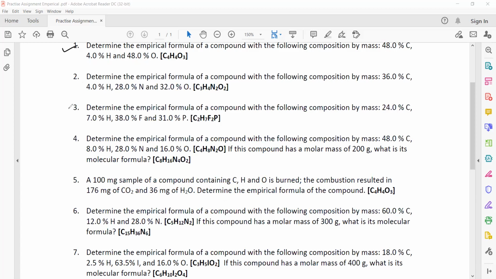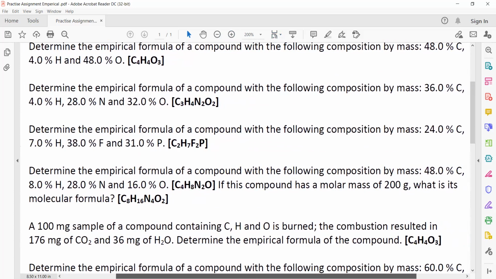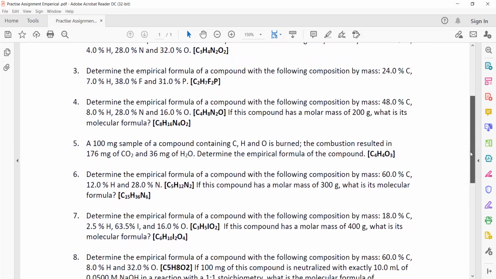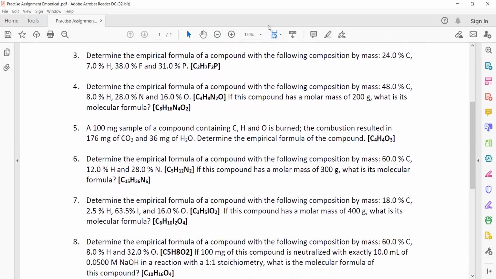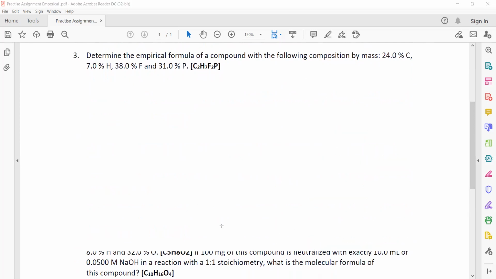So question 1 we did. Then I will discuss some questions randomly, not all of them, because it is the same pattern and you have to solve them the same way. So next I will discuss question 3.